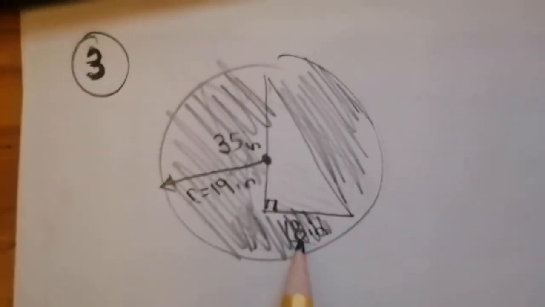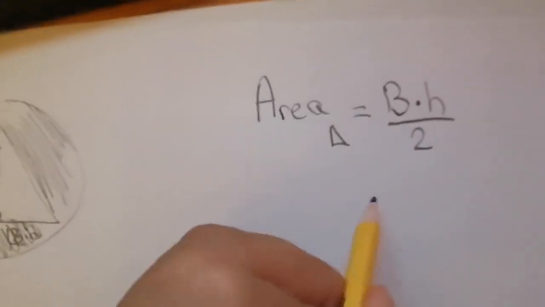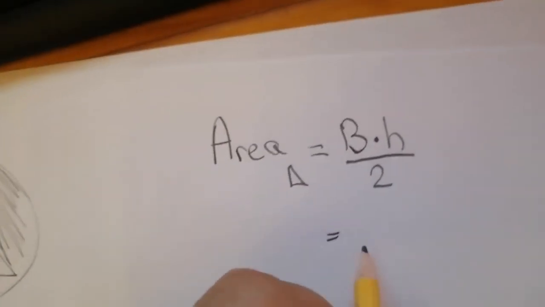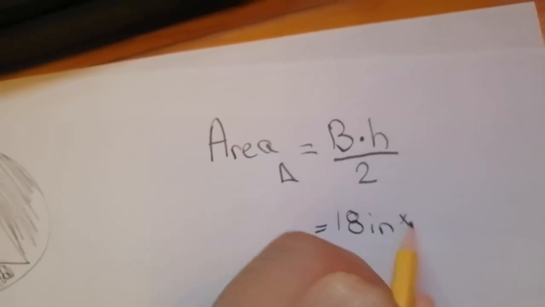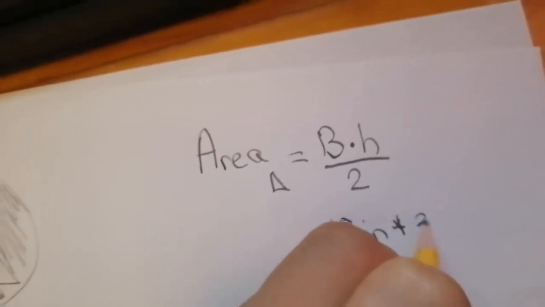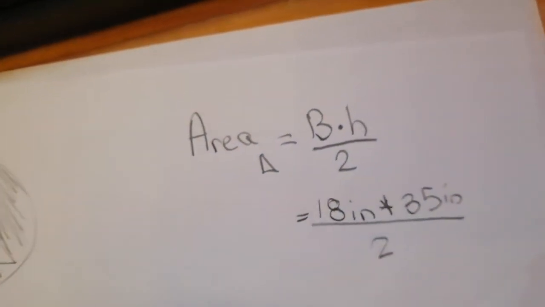In this case, the base is 18 inches. It's at the bottom. The height is 35. So we're going to replace. The base is 18 inches. Multiply that by the height, which is 35 inches, and then divide that by 2.